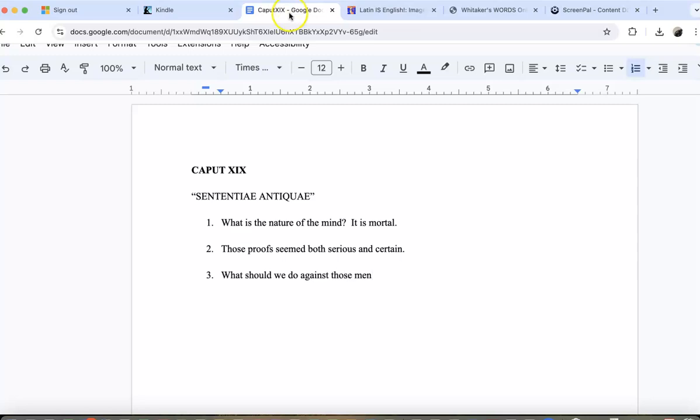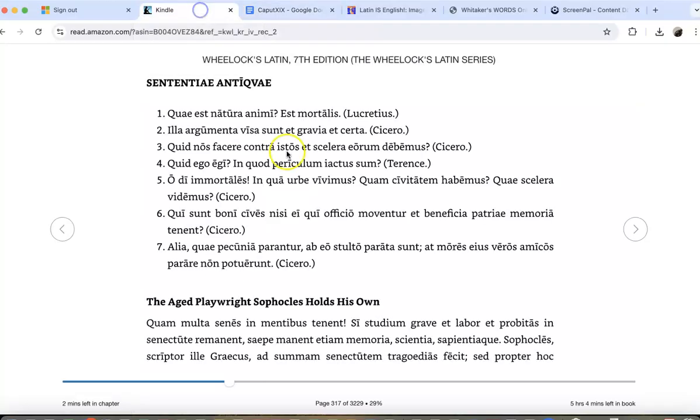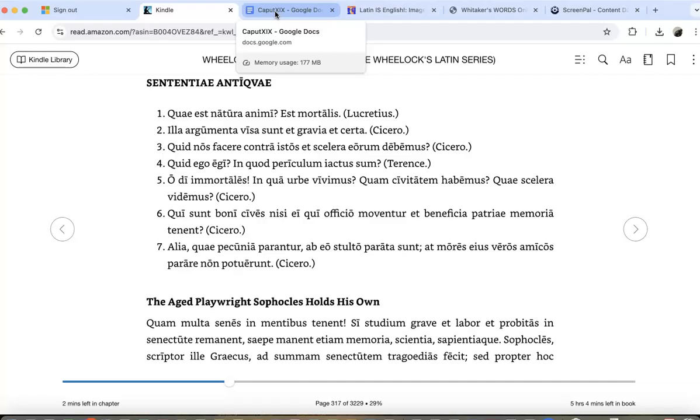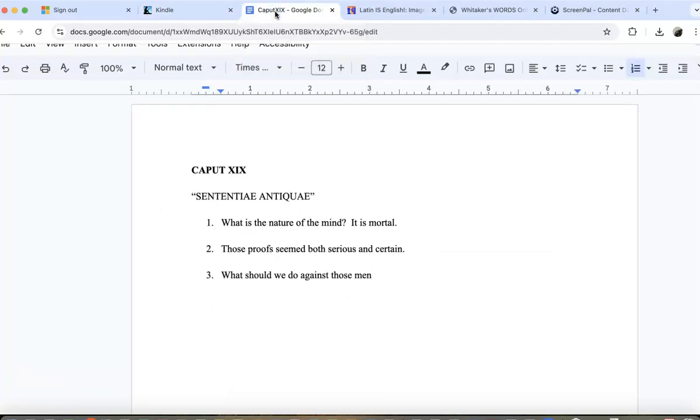What should we do? So, contra istos, what should we do against those men and their crimes? So, eorum means their, and scelera is also a neuter noun. It means crimes. So that's just simple vocabulary. We could look that up. What should we do against those men and their crimes?